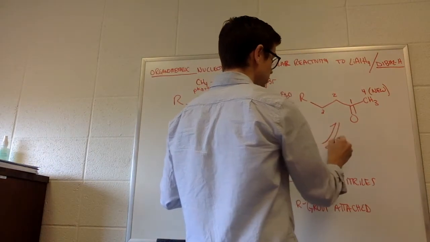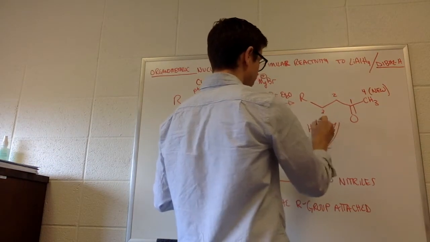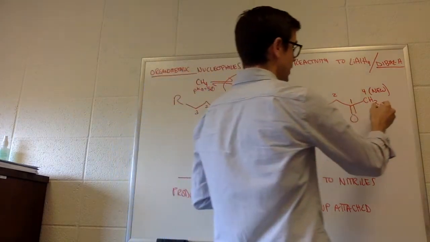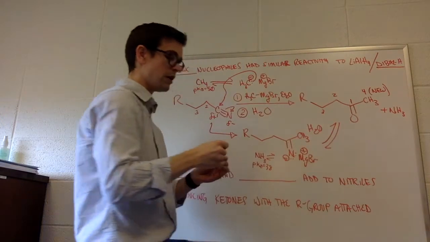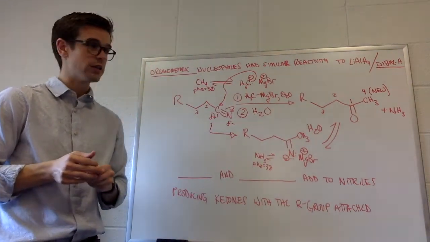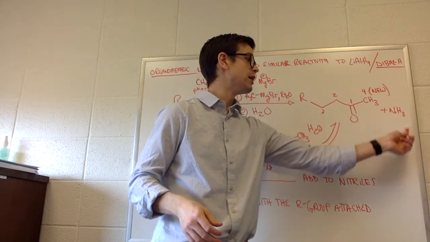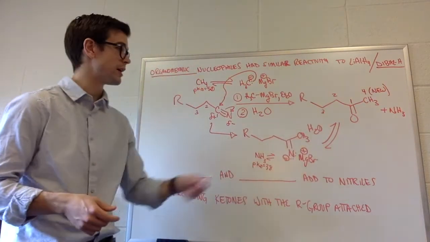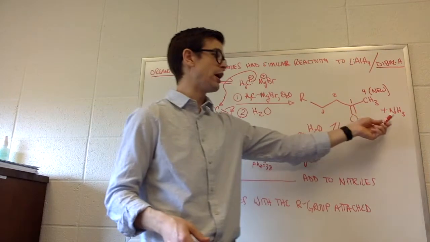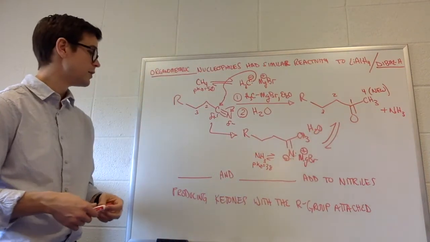This is just going to be an equilibrium. There's going to be a lot of water around that's going to add in there and kick out NH3. Ultimately, this is going to be the product of that reaction. Usually we omit the inorganic products and only write the things that have carbon on them, so that's why we often don't write out that other thing that's formed.